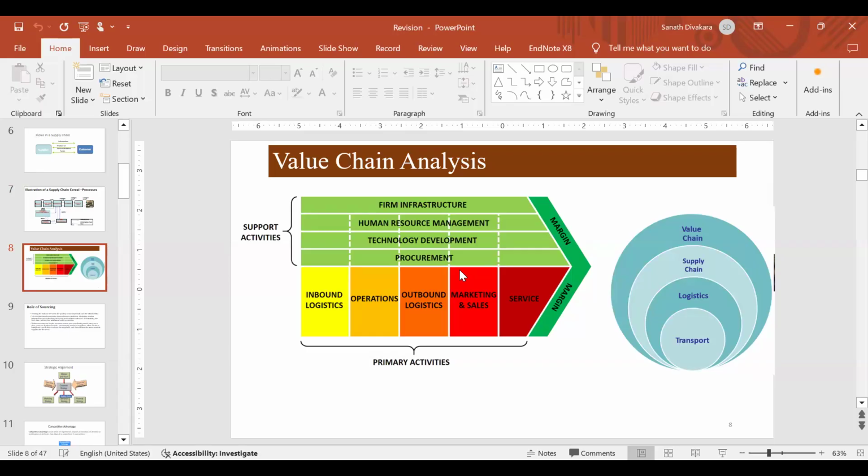This is like a factory. In a factory, you will find the value chain. In manufacturing, you add value, right? In service, you also add value. How do you add value? It is a strategic approach of adding value. So now we are talking about value and cost.